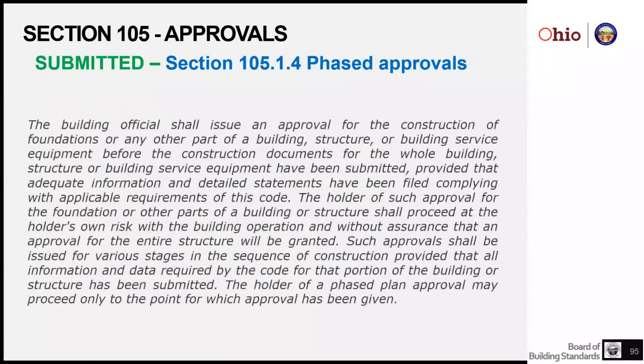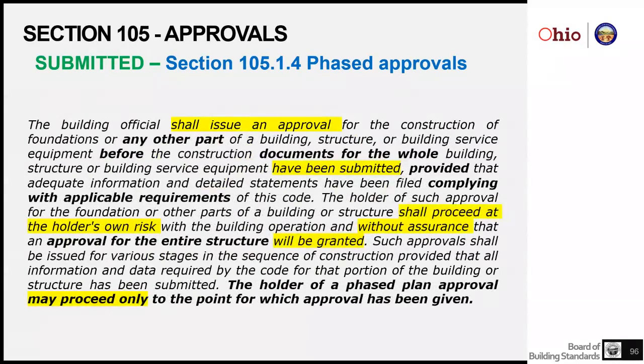Phased approvals is what we'll talk about now. So this is an approval used when what has been submitted is compliant with the rules of the board, but the documents for the whole building have not been submitted yet. So perhaps some people might call it a fast track building.